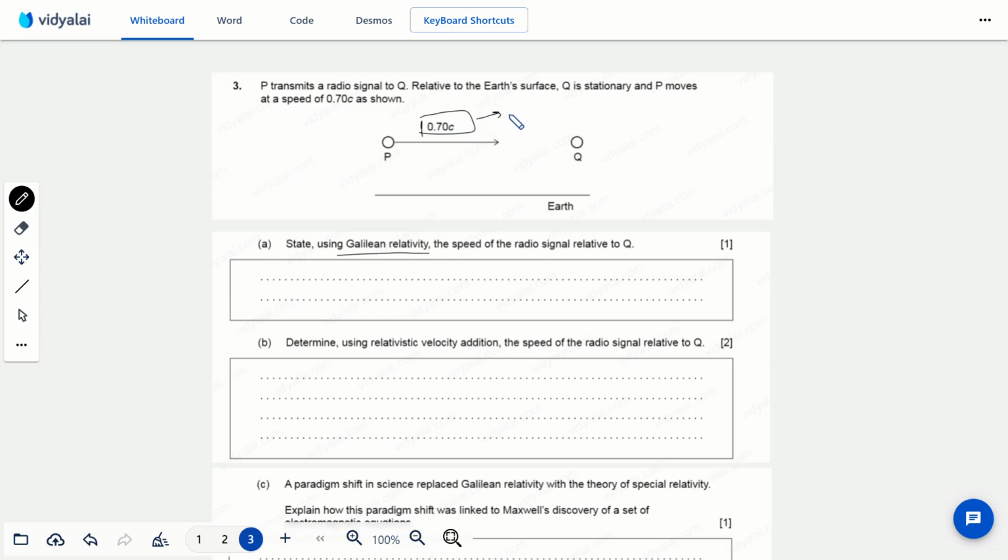So it's just 70% of the speed of light. So using the Galilean relativity principles, we had to find out the speed of this radio signal coming out from P as seen from Q, relative to Q.